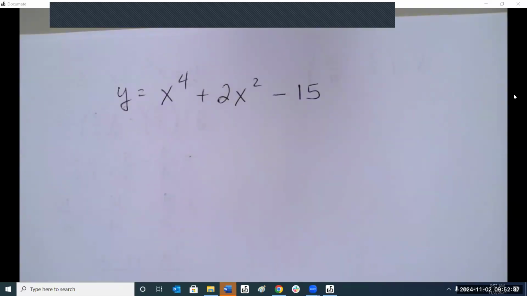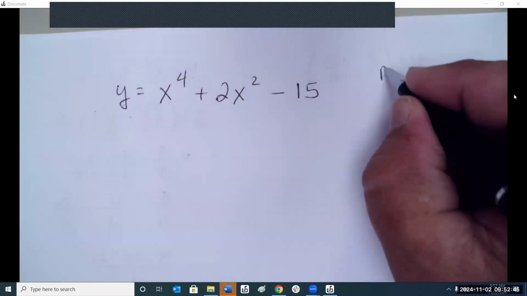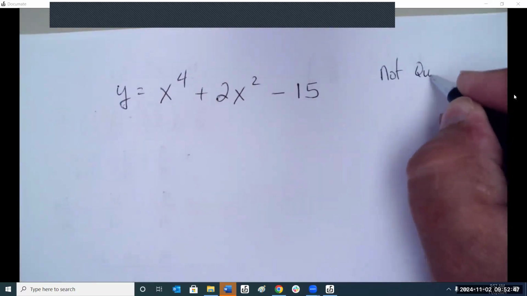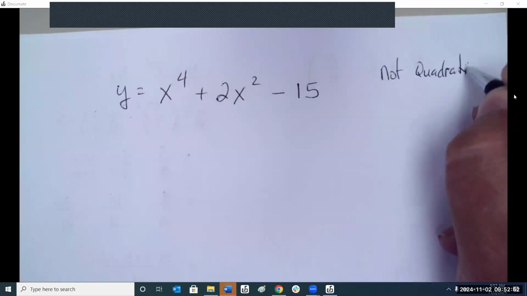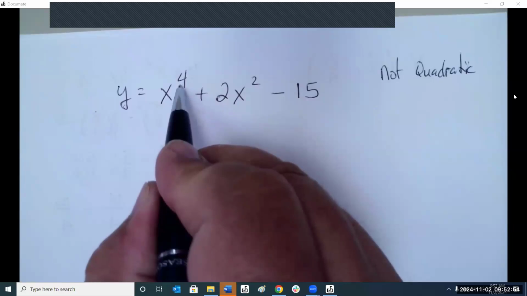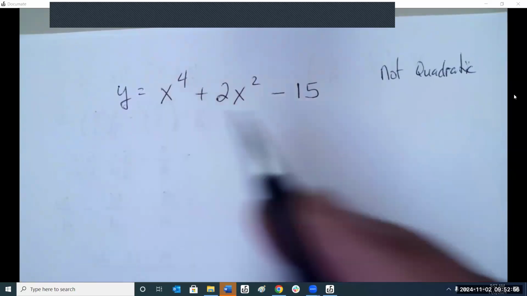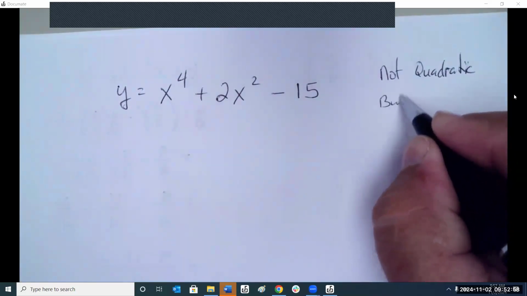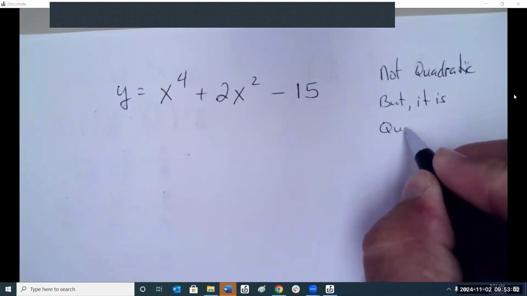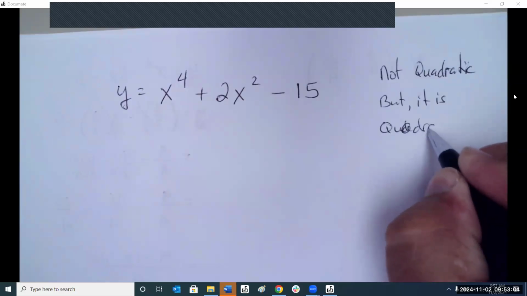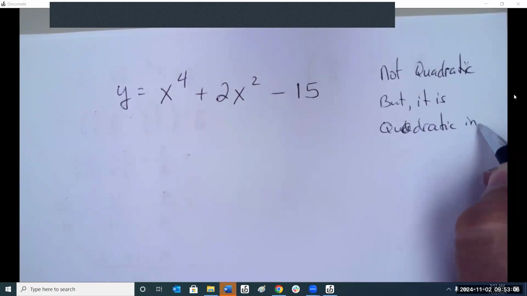The answer is yes, we can. But we have to first determine something. Is this quadratic? Not quite. Well, remember, what is a quadratic equation? Yeah. The degree has to be 2. This one's 4. But it is quadratic in form.